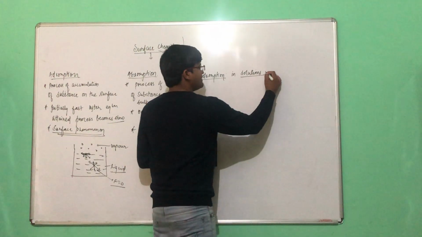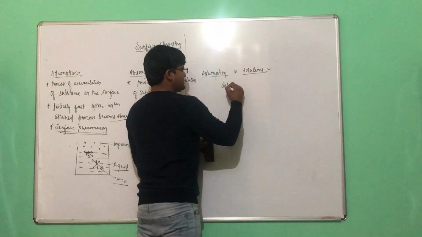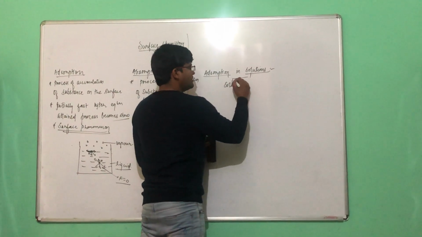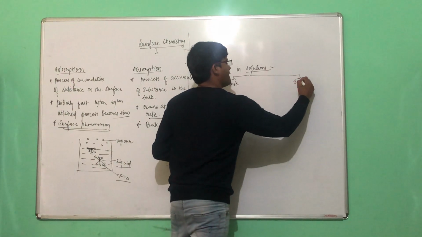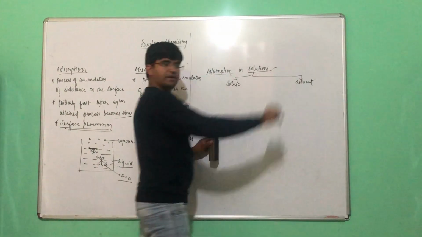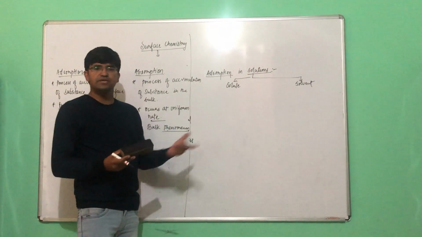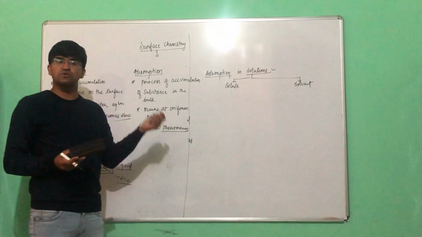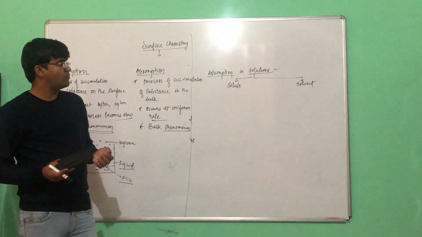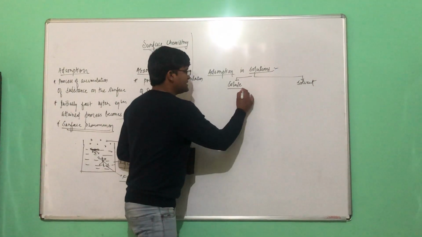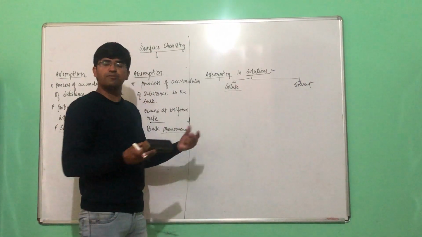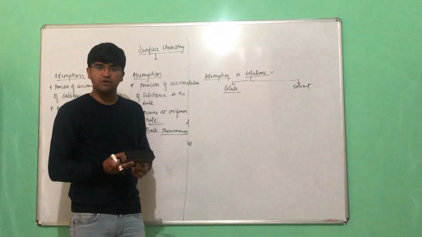In solutions we can study two components, mainly solute and solvent. Usually in the adsorption phenomenon, solute particles get adsorbed. The concentration of the solute particles may also be inside the bulk.